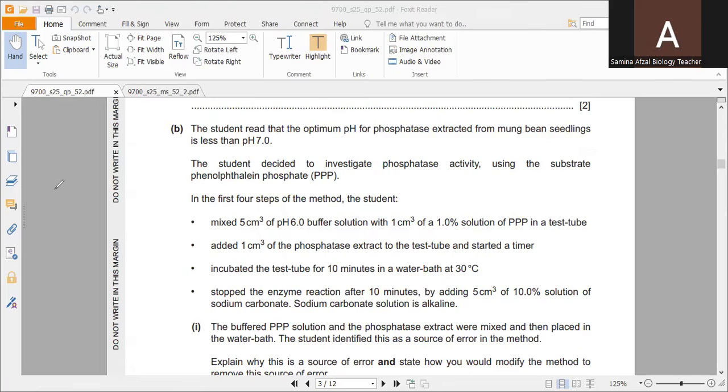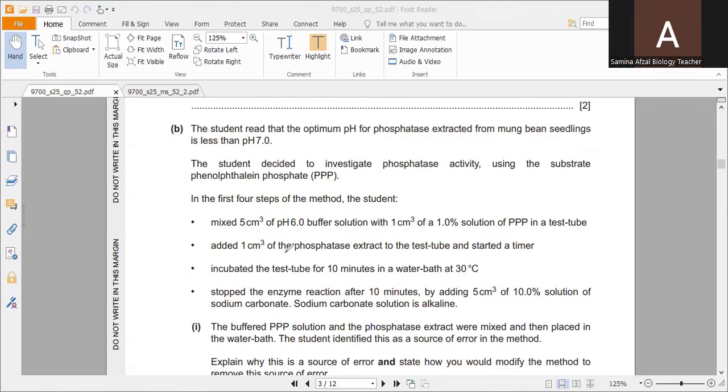So the student decided to investigate the phosphatase activity using the substrate phenolphthalein phosphate. In the first four steps of the method, the student mixed 5 cubic centimeters of pH 6 buffer solution with 1 cubic centimeter of a 1% solution of phenolphthalein phosphate in a test tube.